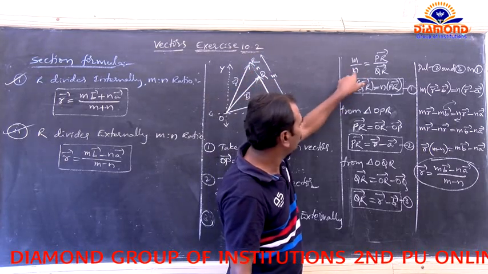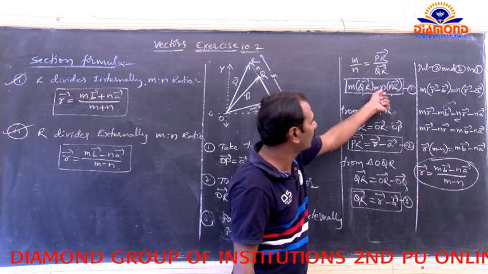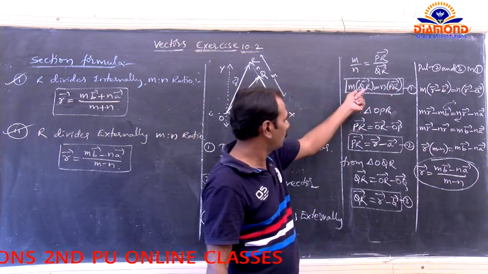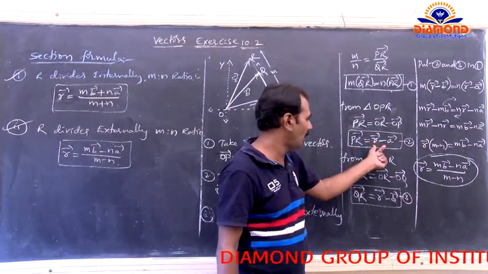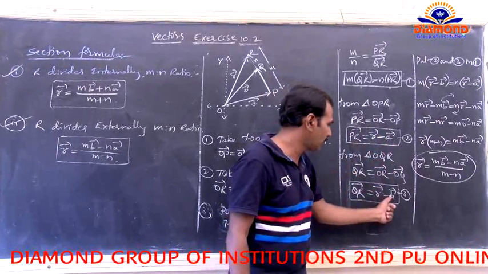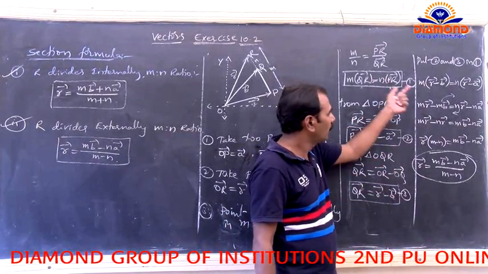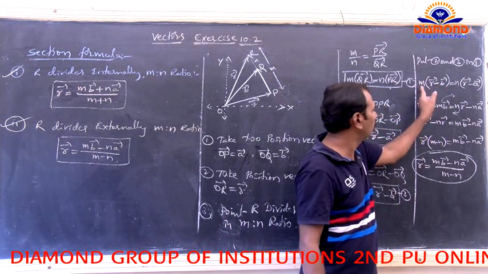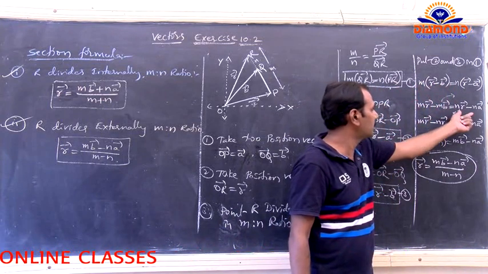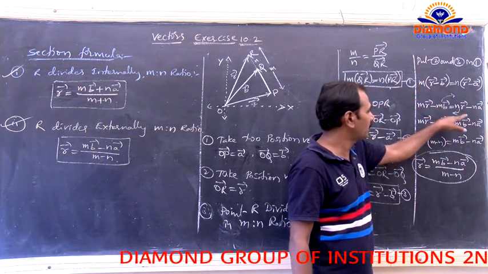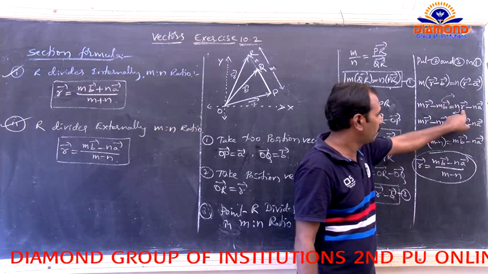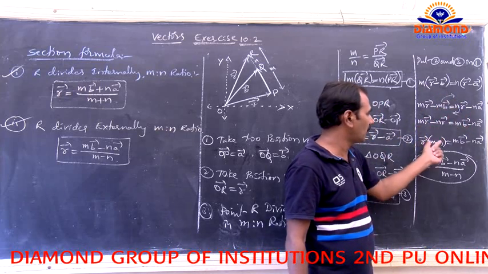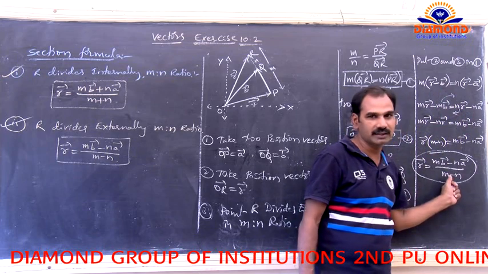Cross multiplication: M into QR equal to N into RP. So put these two values, R bar minus A bar, R bar minus B bar, in equation 1. You get this equation. Multiply both, take the negative value this side and that side, the positive value this side. R is common. The remaining answer is this.